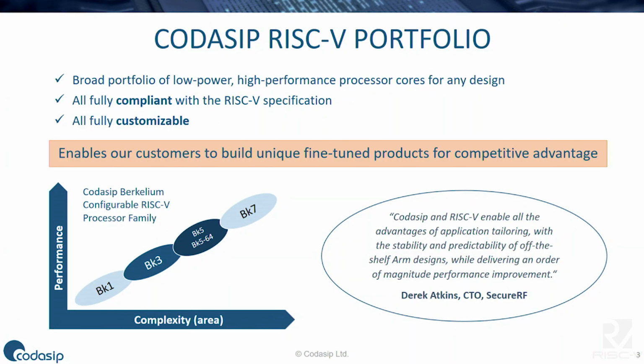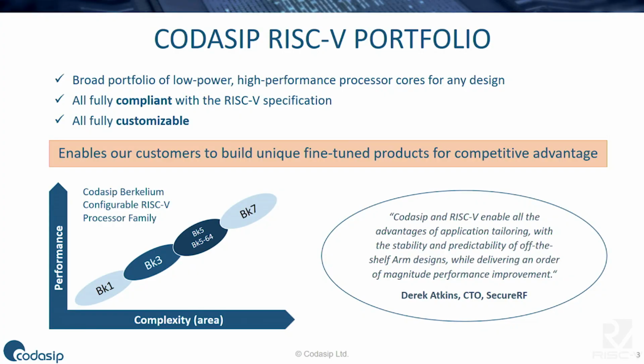But today's talk is about our approach to RISC-V. What we have right now is the BK1, BK3, 5, and 7, which is a starting point for you. You can use it as it is, without any customization or configuration. These are just off-the-shelf IPs that you can use. And if it fits, you're done, and it's all you need to do.